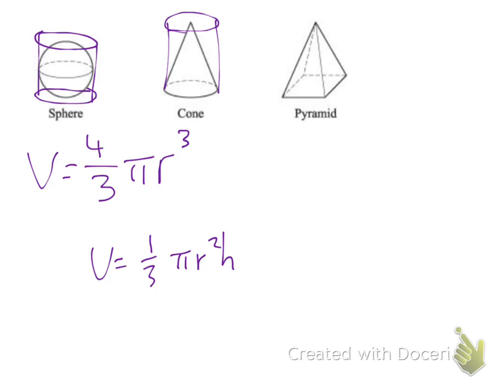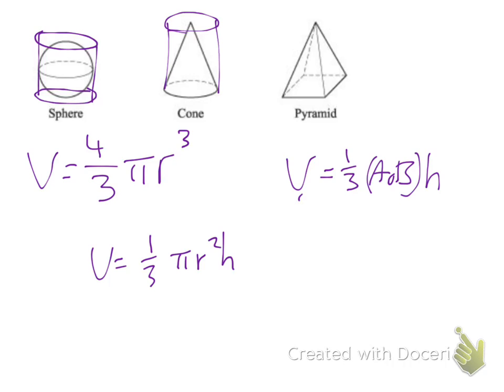Pyramids, guys, are the same thing, but a pyramid could have a rectangular base. It could be a circular base, if so we call those cones. It could be a triangular base. So when I talk about a pyramid, volume is 1/3 area of base times height.